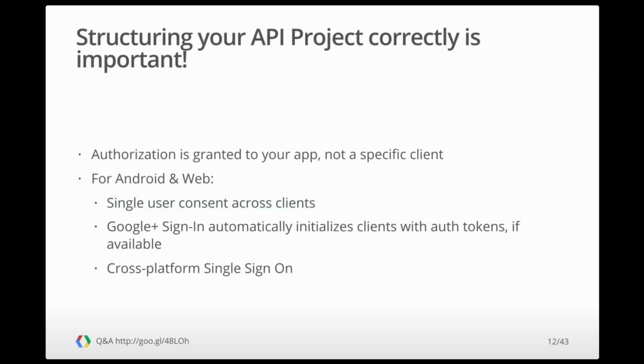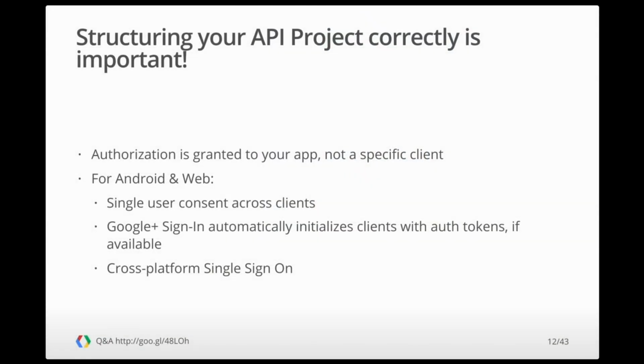One of the key things we definitely want you to take away is that setting up this project is very important. Having the right structure with the top-level project and your clients underneath that tells us this is your service. Relating to Auth, this is important because when a user signs in with Google and grants consent to your app, they're granting consent to your service, not just a specific client, not just your Android app or your web app.